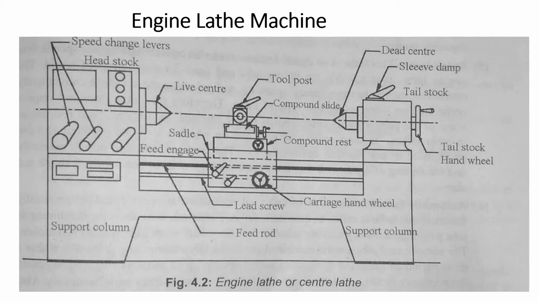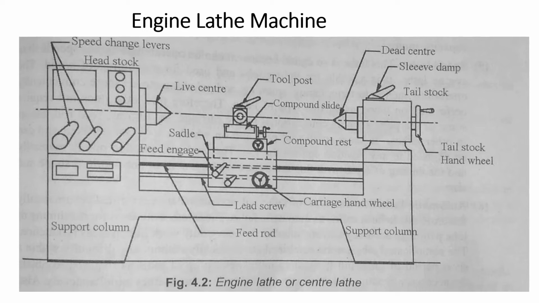The live center is the rotating part, and in the live center we fix the workpiece. Next, saddle, compound rest, compound slide, and tool post are all parts of the carriage.